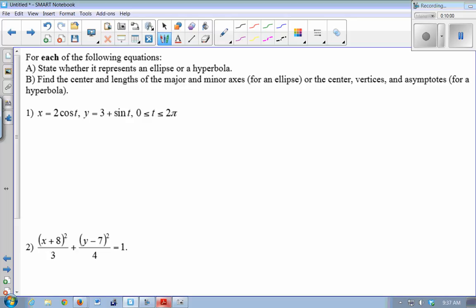The Pythagorean identity says that cosine squared plus sine squared equals 1.